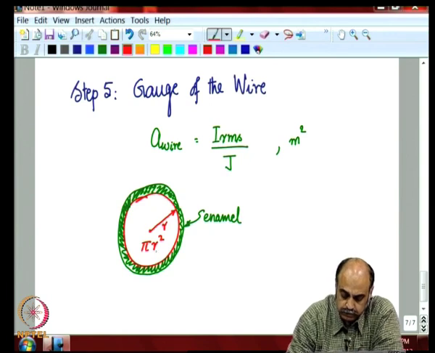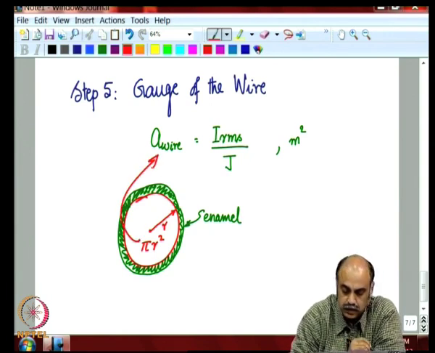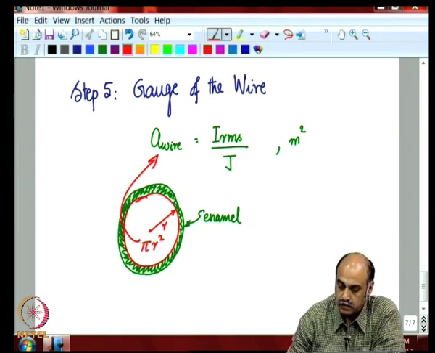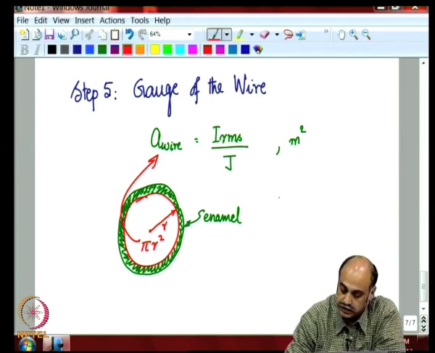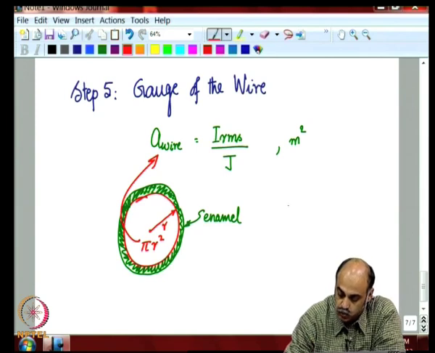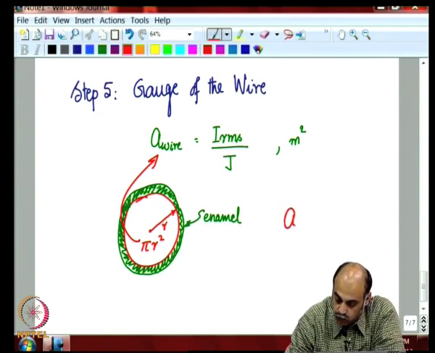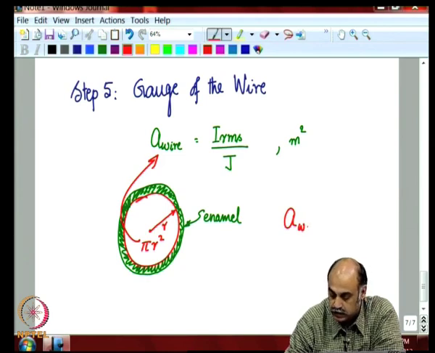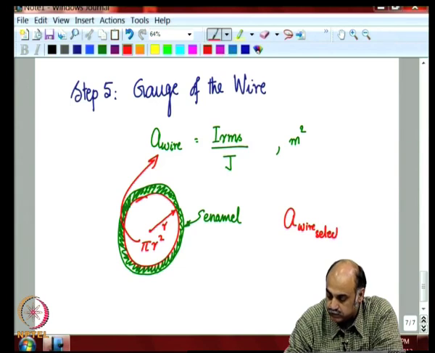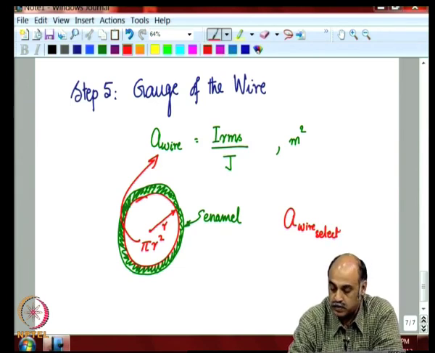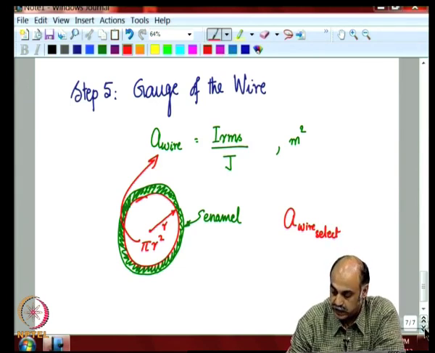So, that would become the wire cross section area. Then, after you have chosen the wire cross section area, you will get a wire which you are going to use, and I will call that a wire selected, because this is what you will be using to wind.